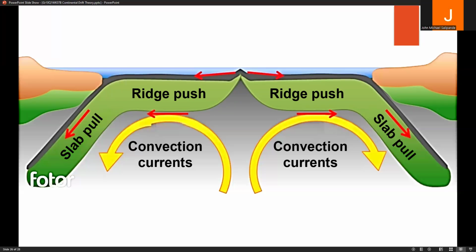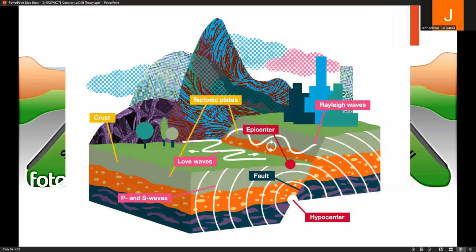So, given these movements, it may have probably led to several plate boundaries, whether convergent, divergent, or transform, which are manifested by natural disasters like earthquakes, landslides, and even tsunamis. So these probably triggered the Pangaea to separate into today's seven continents.